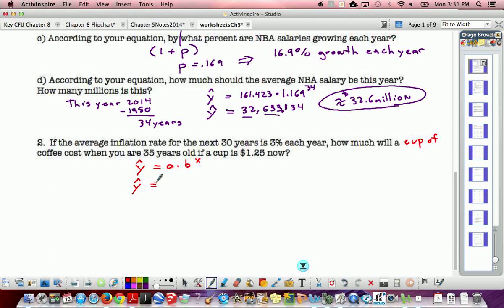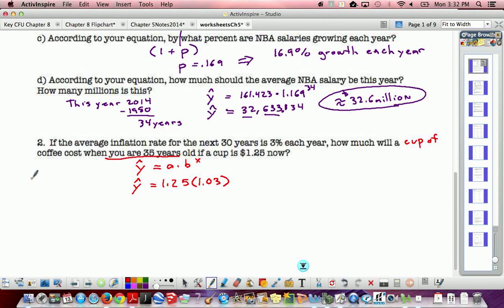So my a value is what the coffee is worth right now, $1.25. Now it says it's going to go up by 3% each and every year. So in this particular case, what we want to do is go 1.03, because it's the 1 plus the additional percent, raised to the power of, now here's the thing, when you are 35 years old.